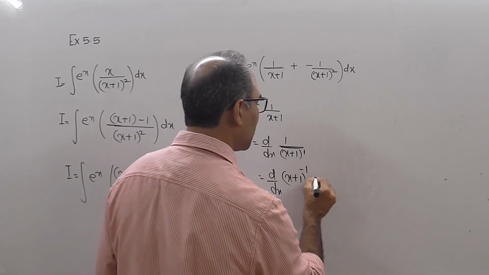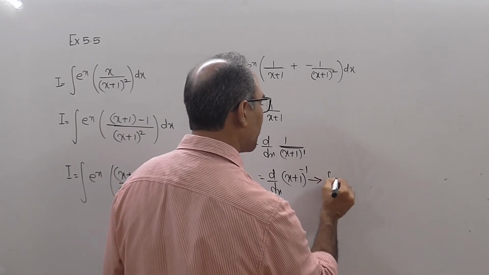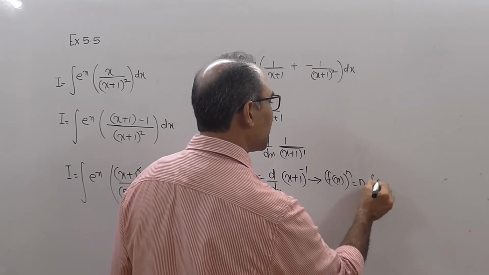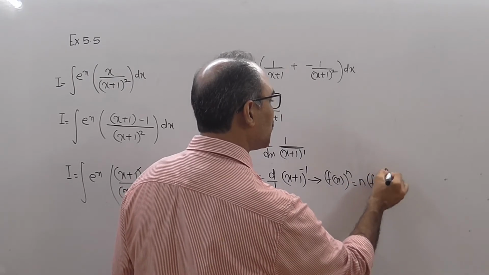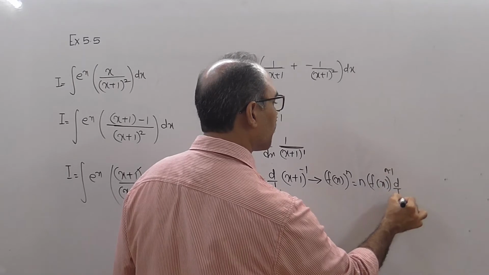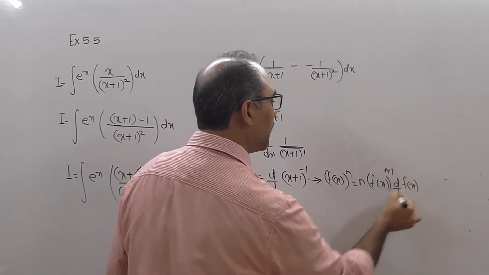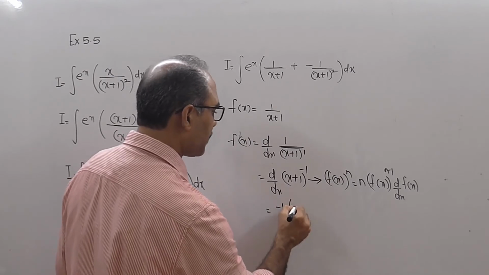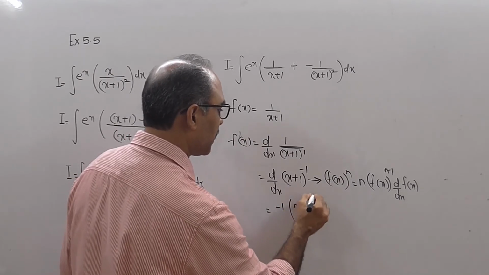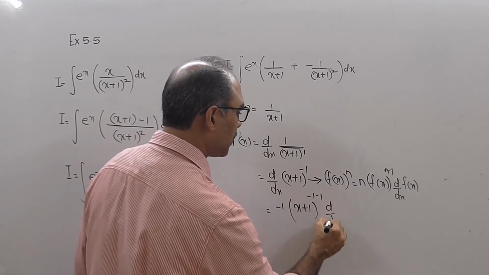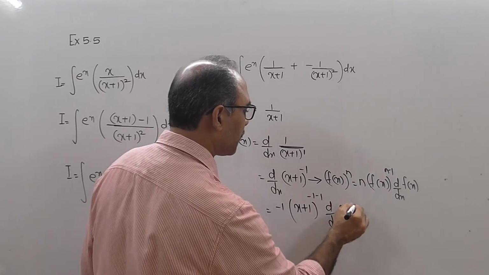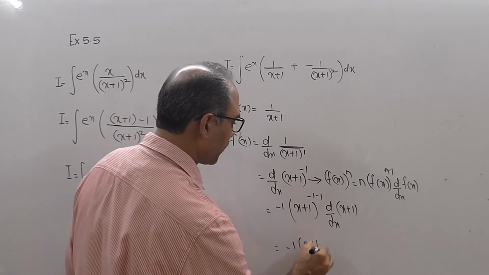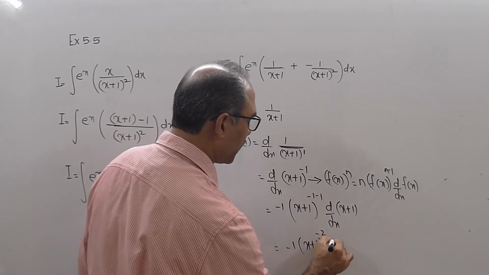So this is in the form of a composite function which is in the form of f of x raised to n. The derivative is n f of x raised to n minus 1 d by dx of f of x. So this will be minus 1 x plus 1 raised to minus 2.